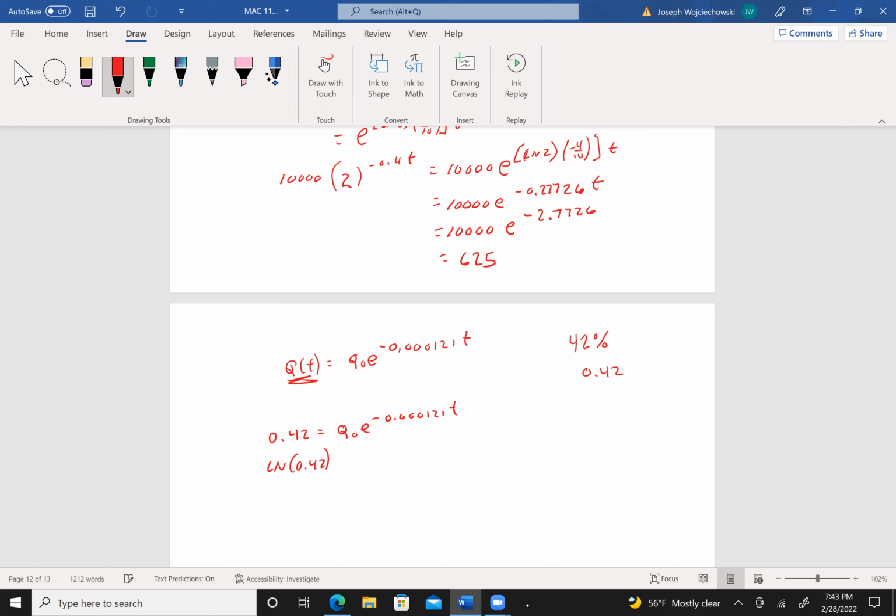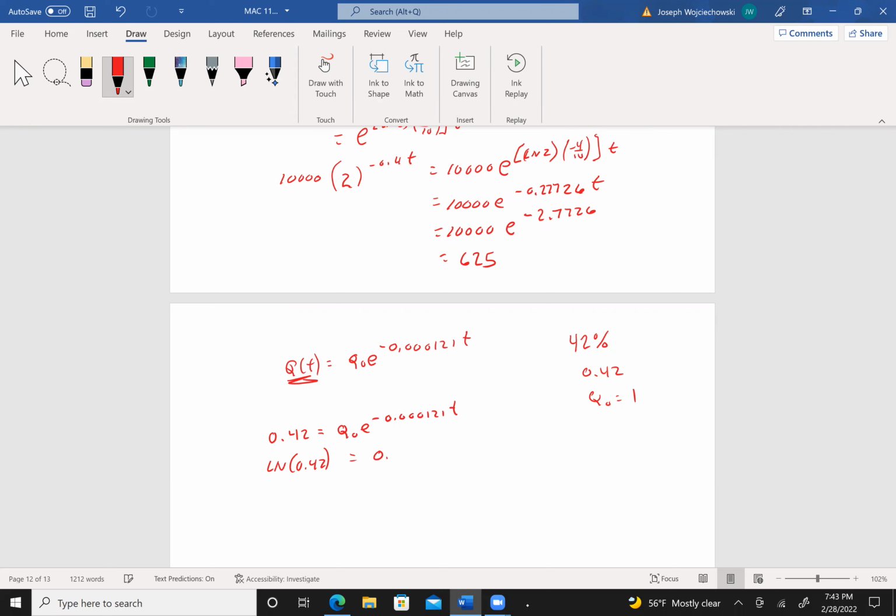Natural log of 0.42 equals... now Q sub 0 at time 0, it was all there. So Q sub 0 is essentially 1. What we're trying to find out is how long does it take for all but 42% of it to be gone.